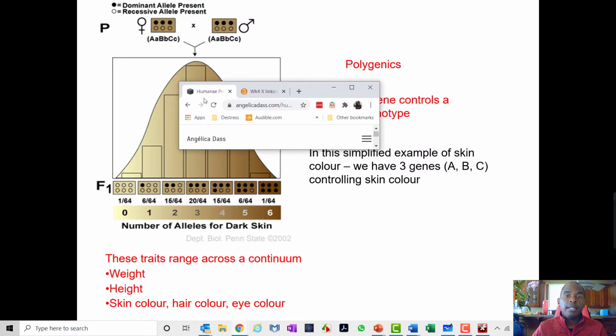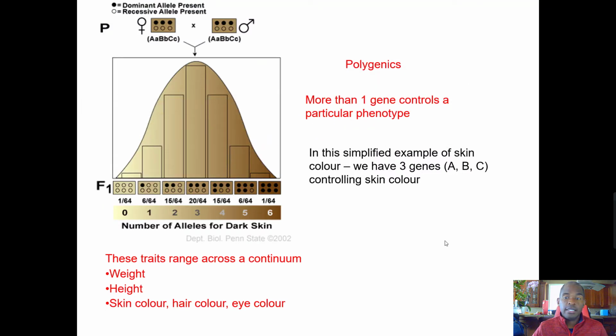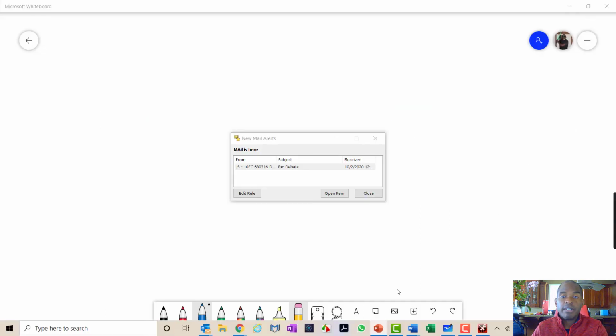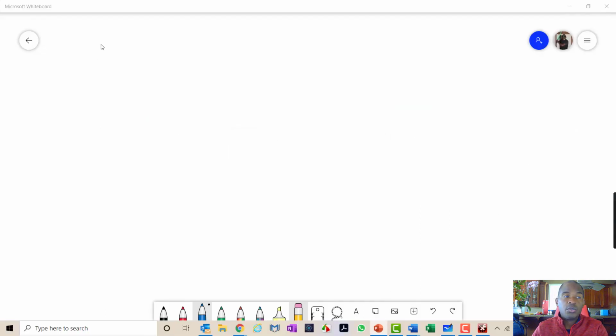Okay, so I'm going to go into the lesson. I want to give you some foundation in the science so that you know how skin color might be determined. With skin color, we might have something like this. Here's a gene, A. If you have the A gene, that will make your skin dark.